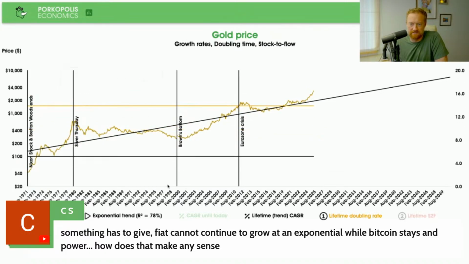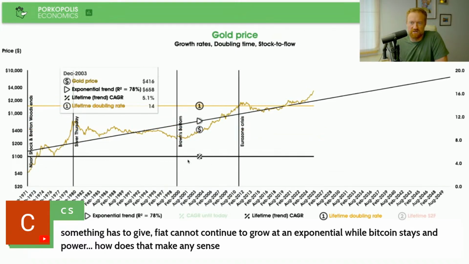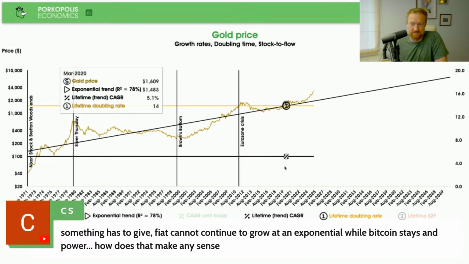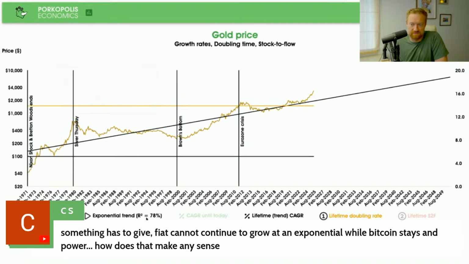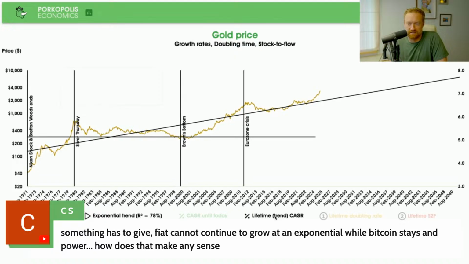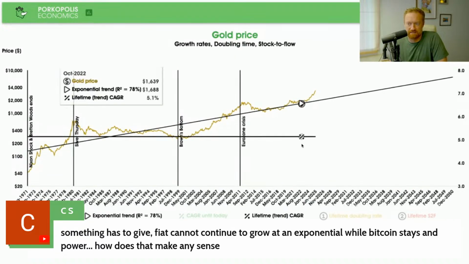So the slope of this trend line since August 1971 is 5.1%. The black line that goes on the diagonal increases at a constant exponential 5.1%. You see the 5.1% right there, right-hand axis.